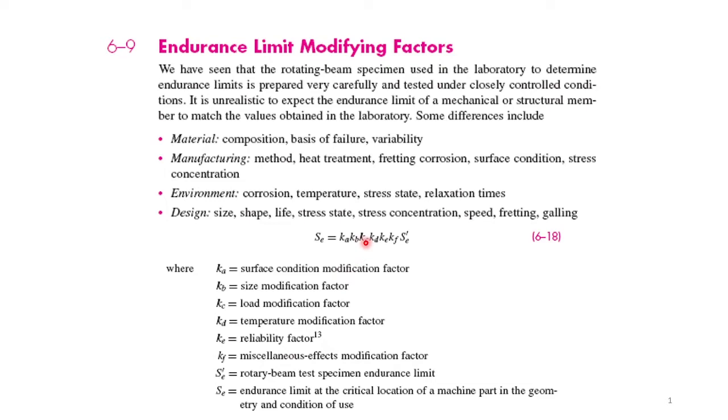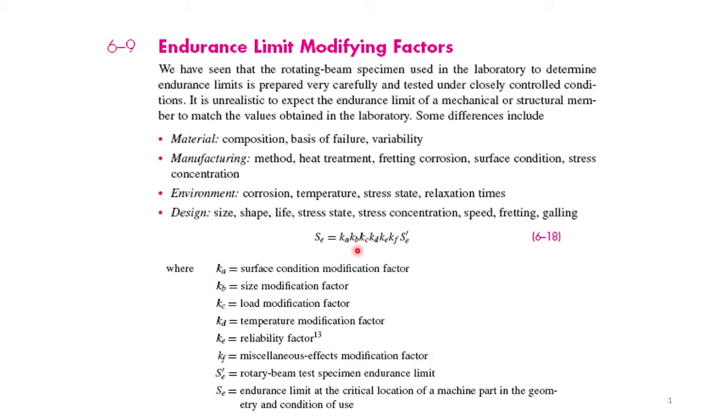So Kb accounts for the size factor. Kc is the load modification factor. العينة اللي اختبرت في المعمل عشان أجيب ال SN curve كانت اختبرت تحت rotating bending. So the main stress acting is bending. What if the fluctuating loads are not in bending, they are in axial loads or in torsion moments.